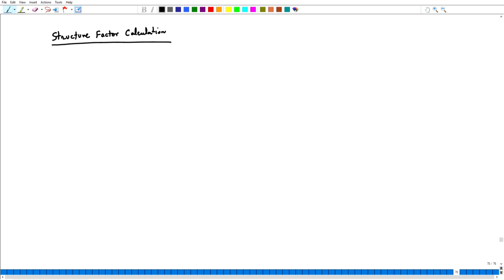So, my structure factor that we had derived in the last lecture is capital F, the structure factor, summed over all the atoms in the unit cell.